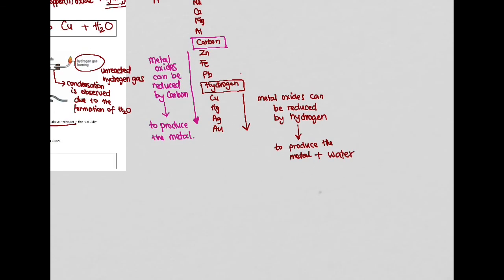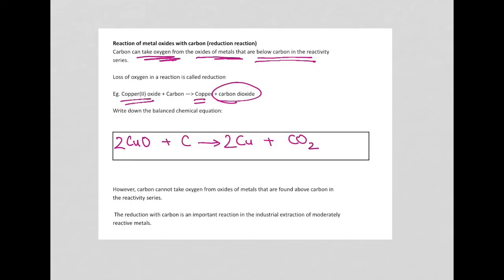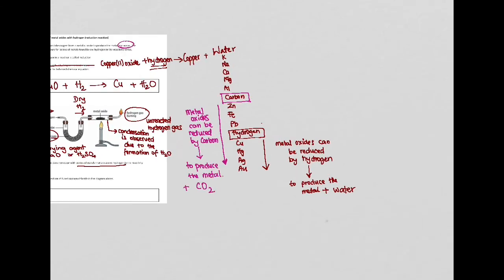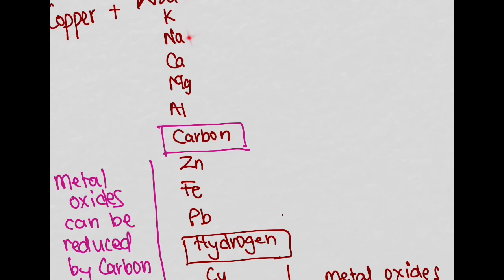Carbon will produce metal plus carbon dioxide. However, we'll find that carbon cannot reduce oxides of metals that are found above carbon in the reactivity series. So you cannot have carbon reacting with potassium oxide, sodium oxide, calcium oxide, magnesium oxide, or aluminium oxide given here.